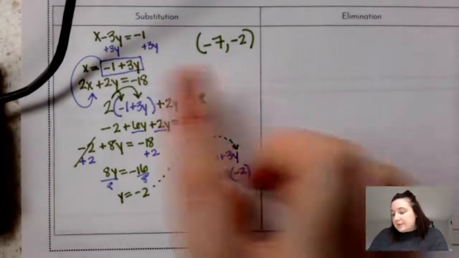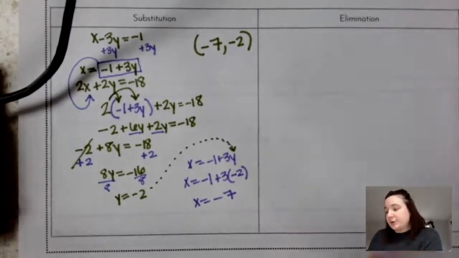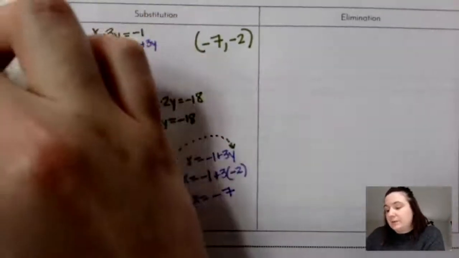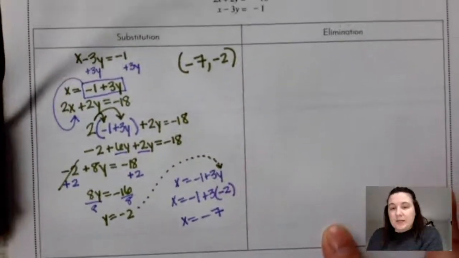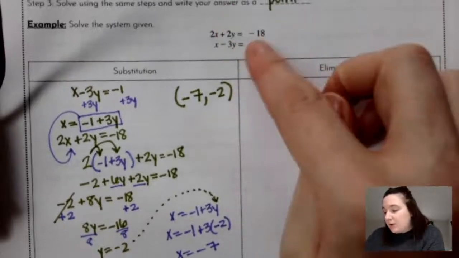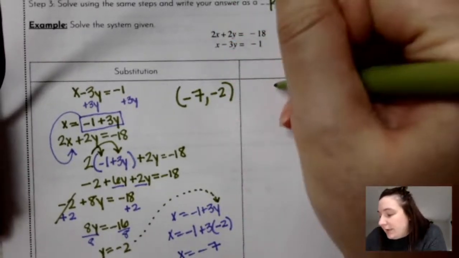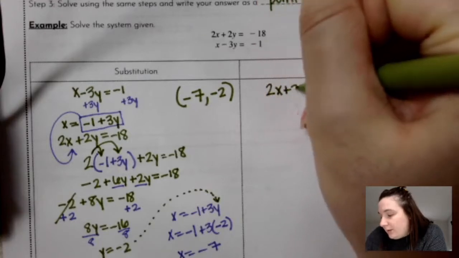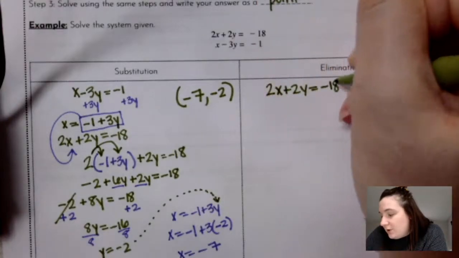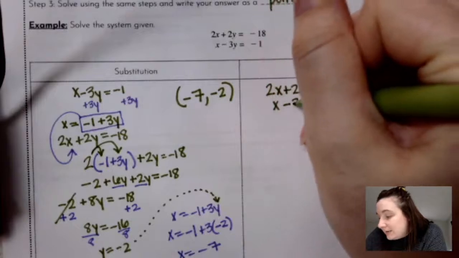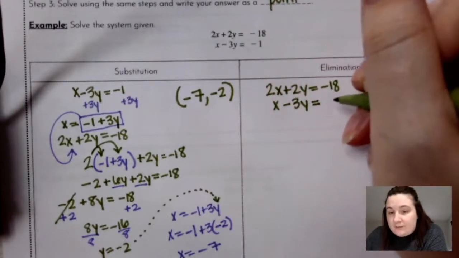So now you can pause it if you don't have these notes, but I also want to show you elimination, because you could do this problem with elimination as well. And so for elimination, we're not quite set up either. However, to manipulate our equations, we ask ourselves what we want to get rid of.